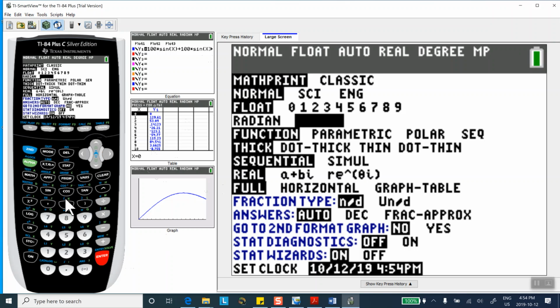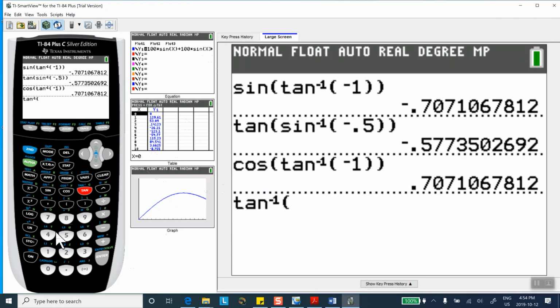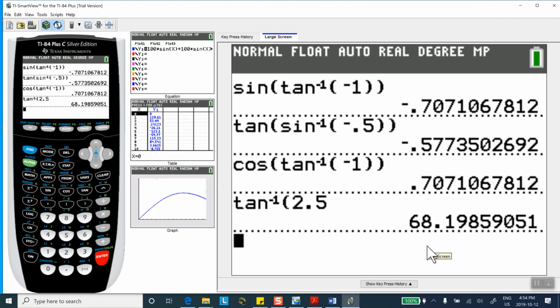So we have tan inverse of 2.5, and you get about 68.